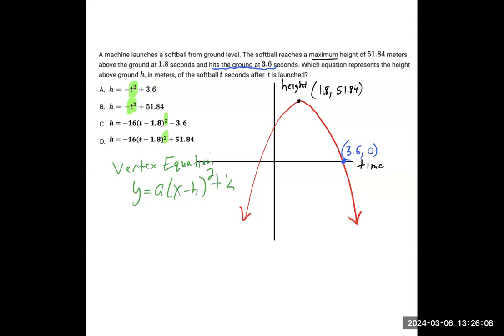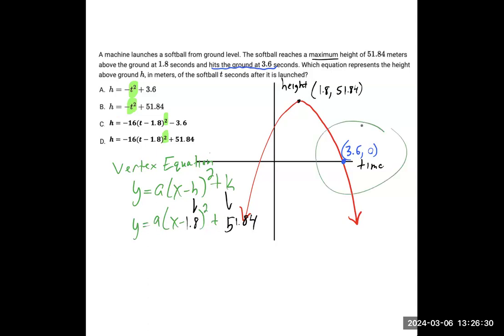So we're going to plug in the 1.8 and the 51.84. So the x coordinate is 1.8. The y is 51.84. And so we've got y equals a(x minus 1.8) squared plus 51.84.